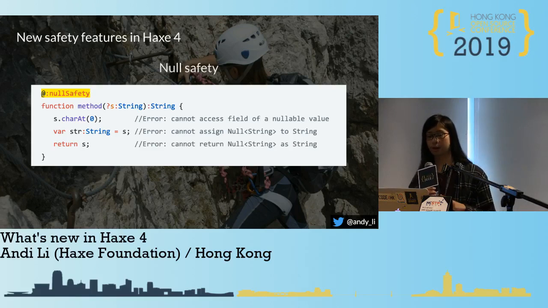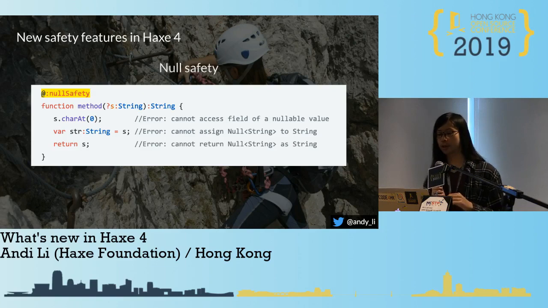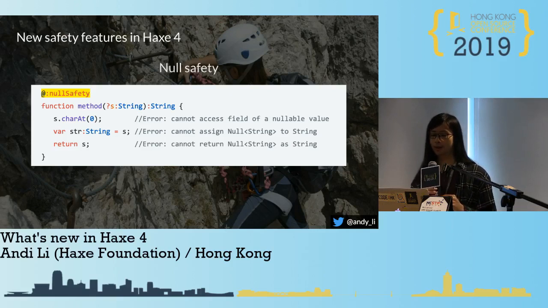If you use it without checking whether it's null or not before that, it will complain. The way to avoid that compilation error is to have an if statement that checks whether s is null or not first, then it won't complain. Yeah.